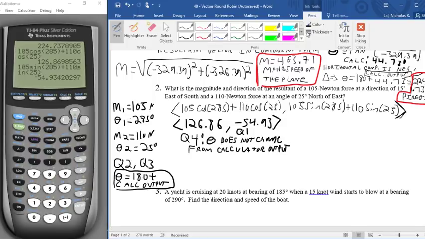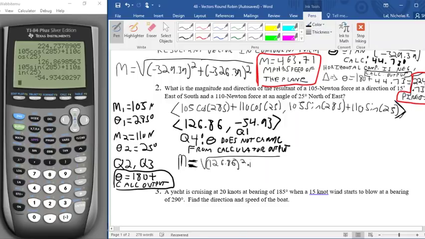So let's find the magnitude. The magnitude is going to be the square root of 126.86 squared plus negative 54.93 squared.